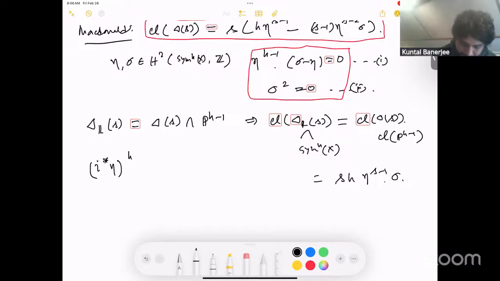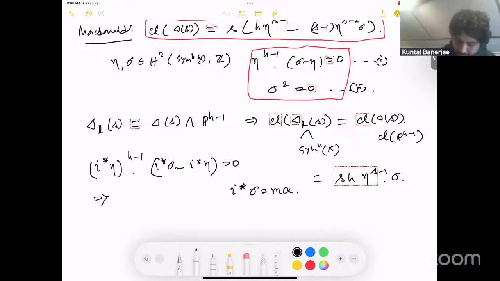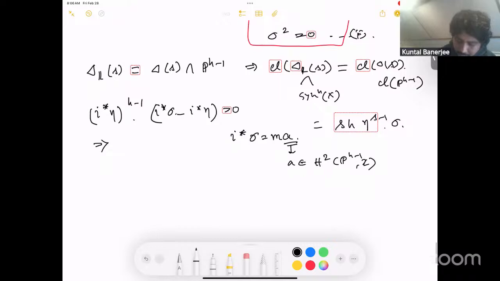So you can write this I star pullback of sigma as m times a, where a is a generator of this integral cohomology group, and that says that eta star this is either 0 or same as m a. Then you just plug it there.